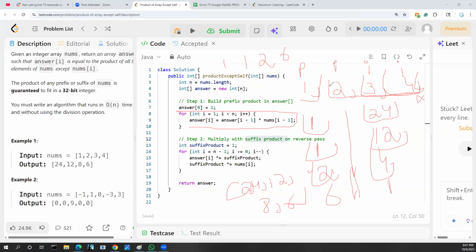We can start from here. Instead of computing the prefixes, now we compute the suffixes. You take the largest suffix, multiply it with the first, then take the smaller one and keep multiplying. Initially it's 2 times 3 times 4, it's 24. 24 times 1 is 24. Let me remove this code so these drawings become more clear.